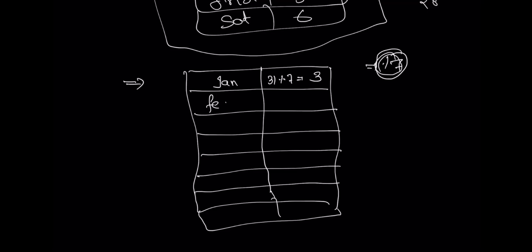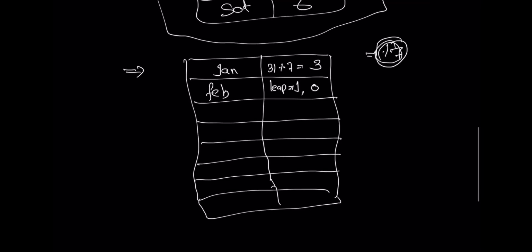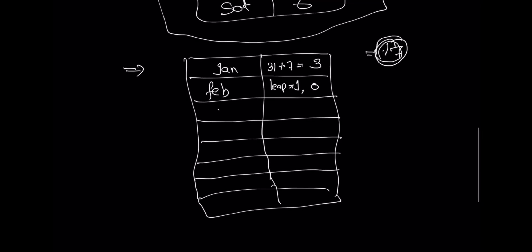In Feb, if we have a leap year it is 29, that means left 1, otherwise left 0 because 28 is divisible by 7. Same as March, which is 31, that means 3.